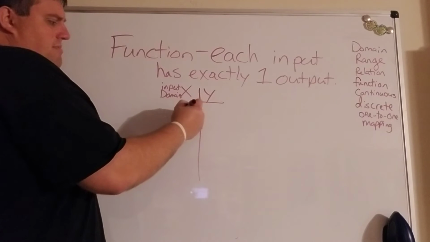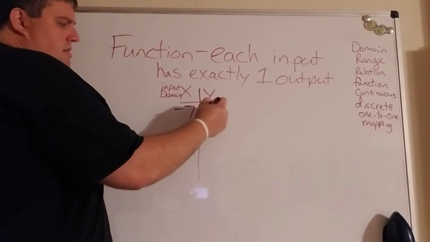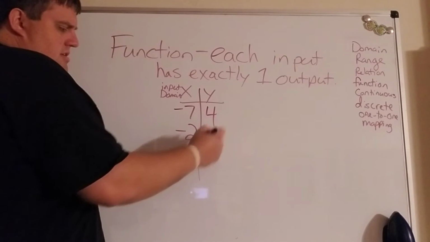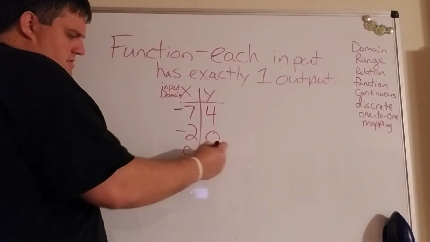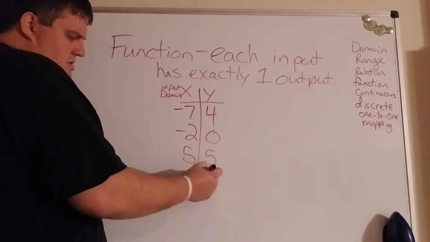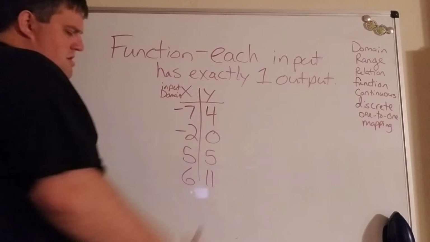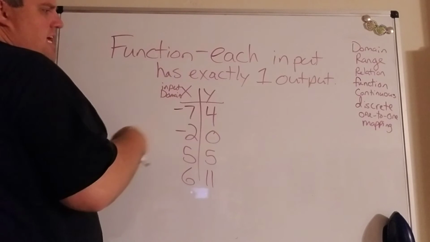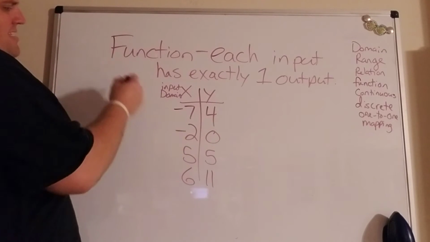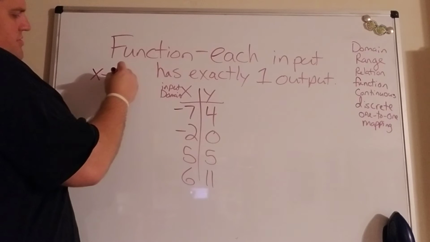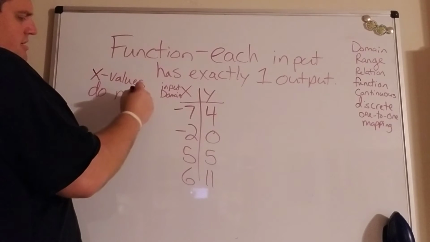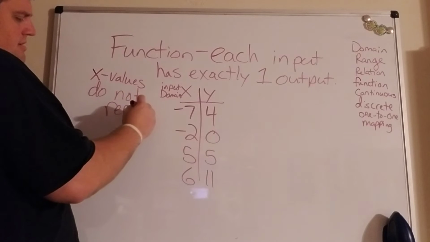So if I had something like this, I'm looking at the x's, and if each input has exactly one output, what that means is that the x values do not repeat.